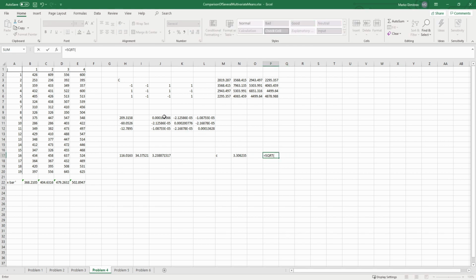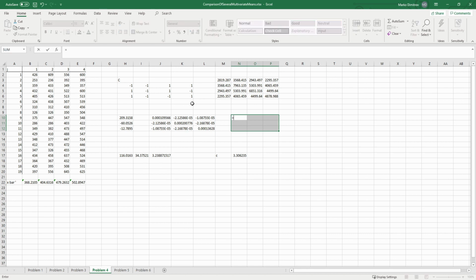This is why it is not good to go the fast way, because we need our C S C transposed, since in this case this will determine the covariance structure.